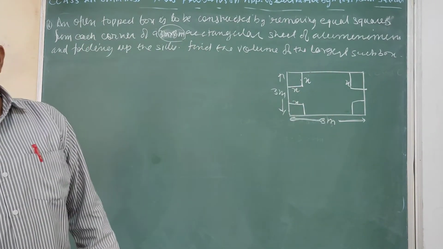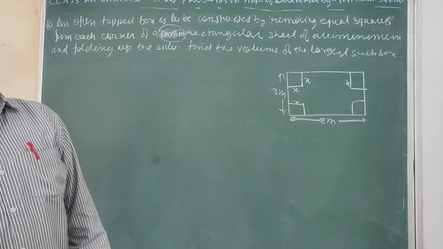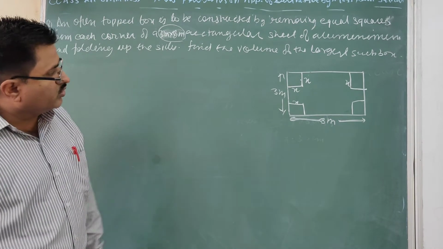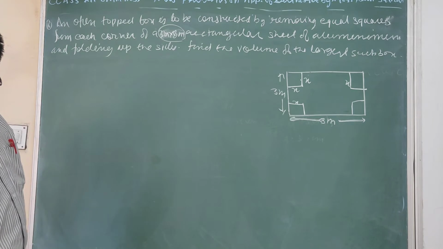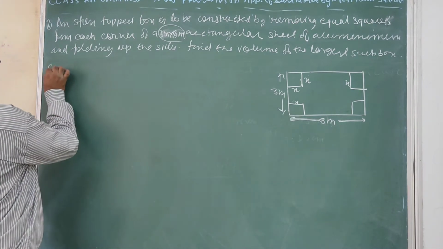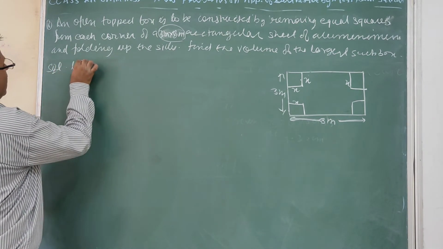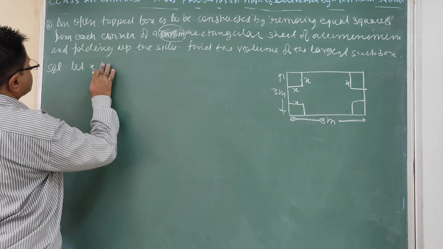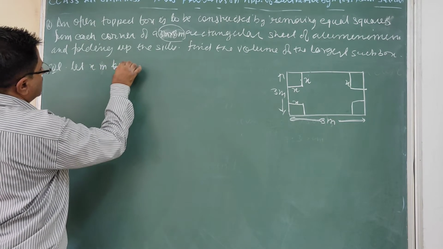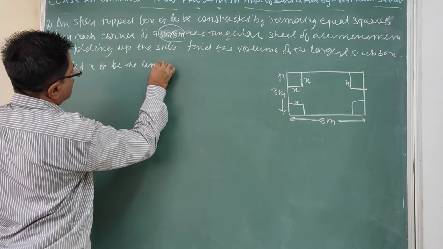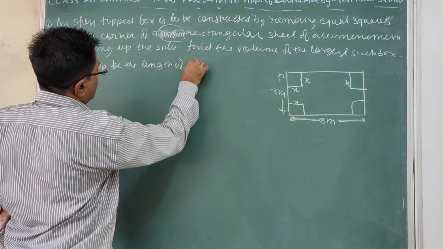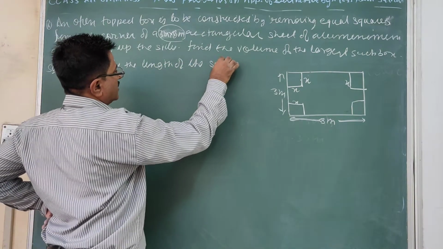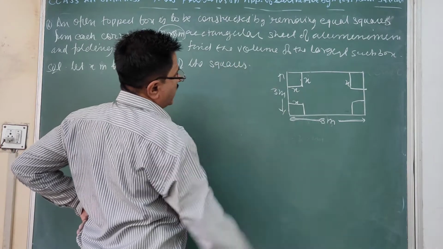That says you have to find the maximum volume of that. So let x meter be the length of the squares. Each square length we get x.